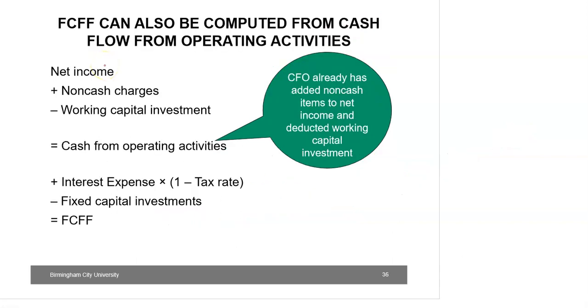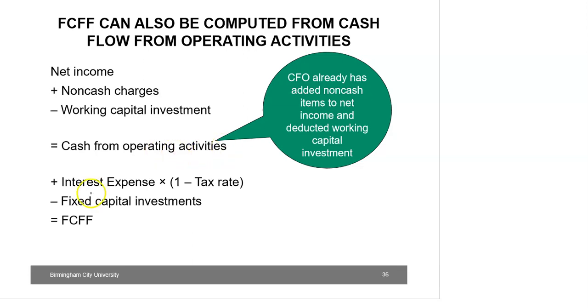To calculate the free cash flow to the firm, we can also use the operating cash flows from the cash flow statement. So we start with net income and we add back non-cash charges such as depreciation and amortization, and we deduct from it working capital investments. That gives us cash flow from operating activities, as we saw in our previous discussions.